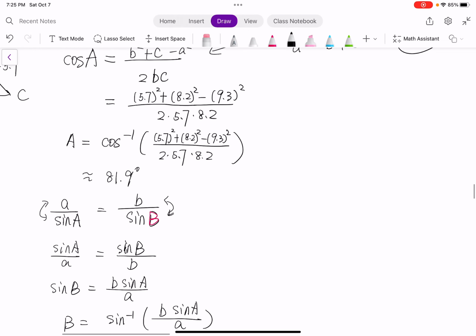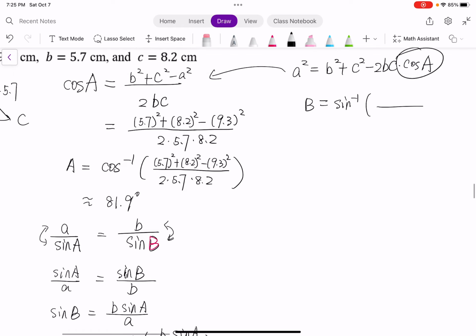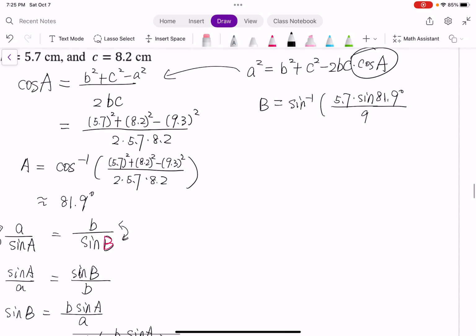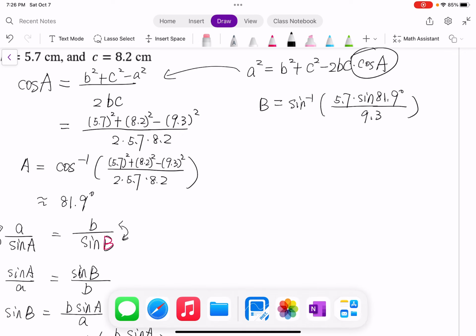And B equals the inverse sine of, what is b? b is 5.7. And sine A is sine 81.9 degrees, all divided by a. a is 9.3. So let's use our calculator to find the value.